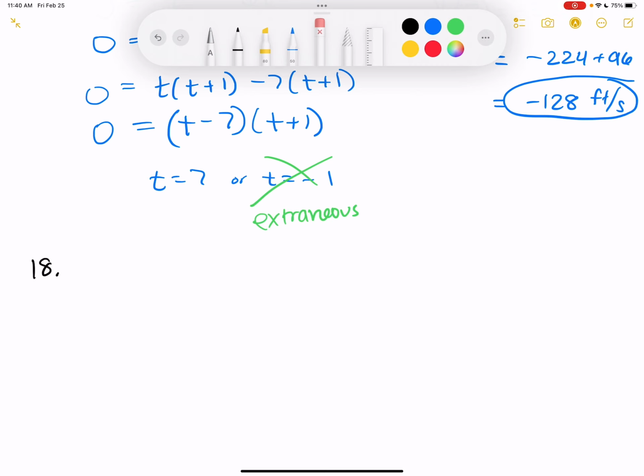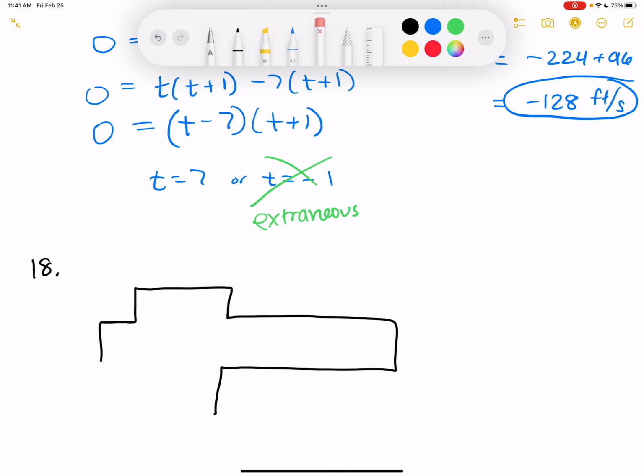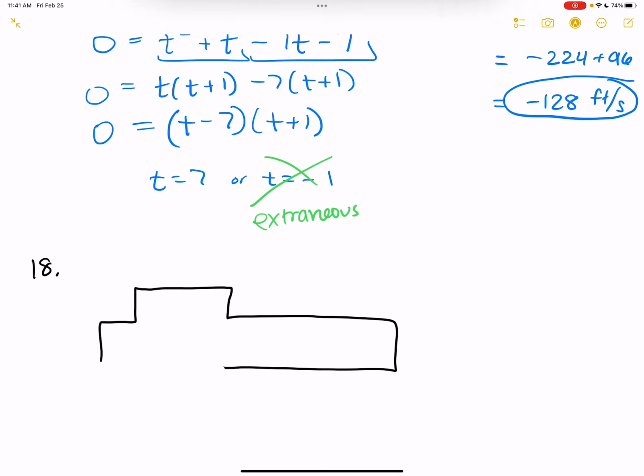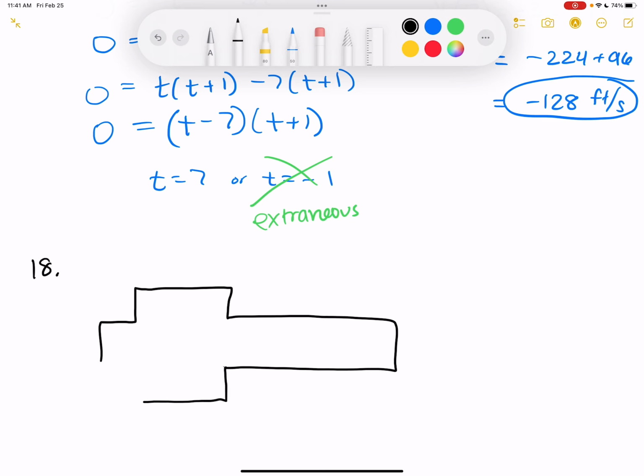So, it's going to kind of look like a cross. Okay, so it basically looks like this. Just bear with me for a second.